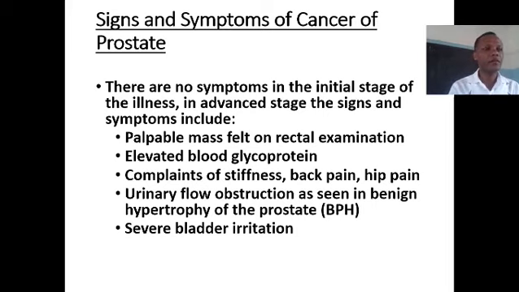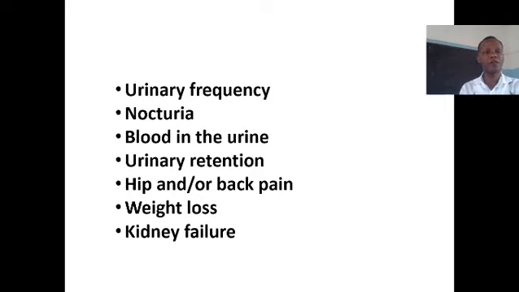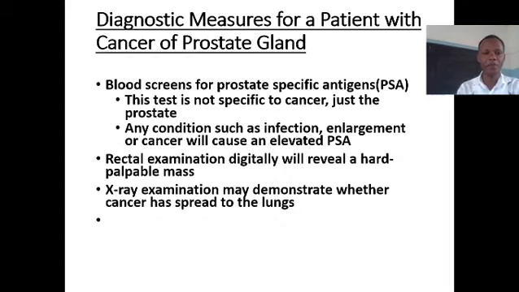Another is urinary flow obstruction as seen in benign hypertrophy of the prostate. I think you studied that in medical conditions. Severe bladder irritation, urinary frequency, nocturia, blood in urine, urinary retention, hip or back pain, weight loss, and kidney failure.